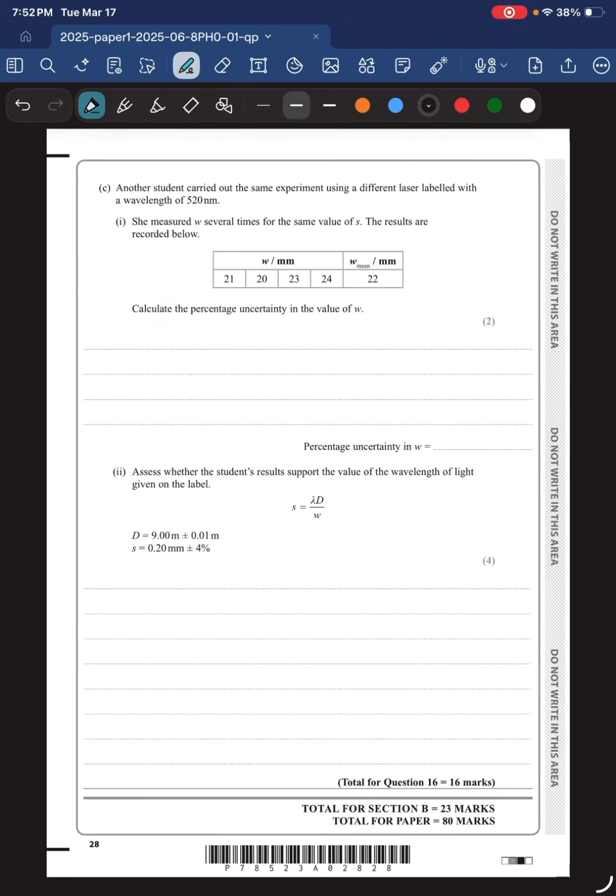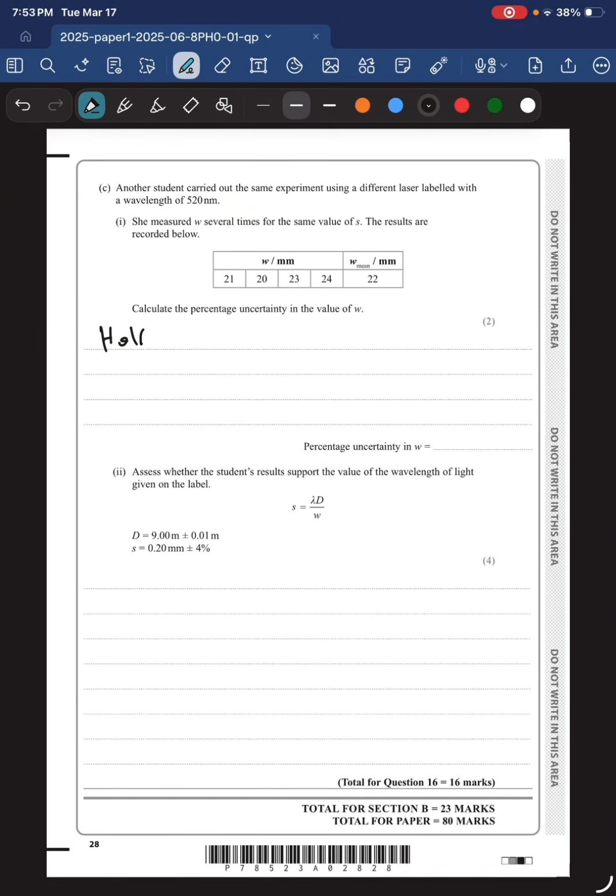C. Another student carried out the same experiment using a different laser labeled with a wavelength of 520 nanometers. She measured W several times for the same value of S. The results are recorded below. Calculate the percentage uncertainty in the value of W. Okay, so they give us the mean value anyway.